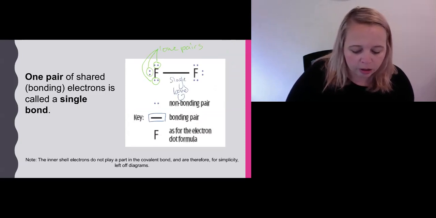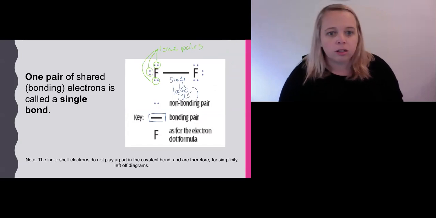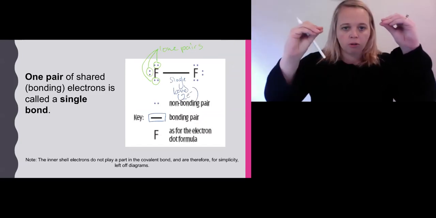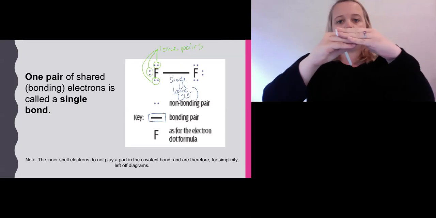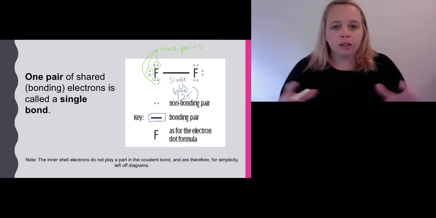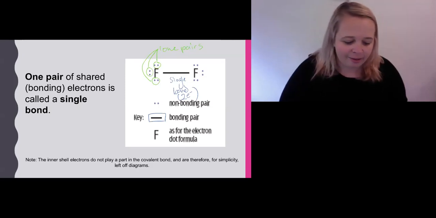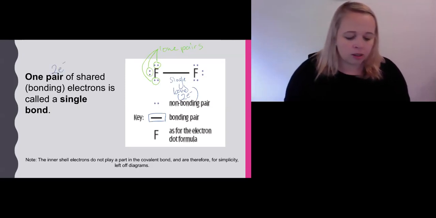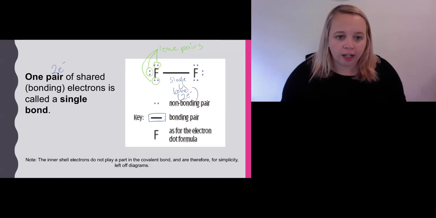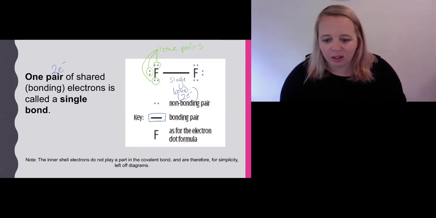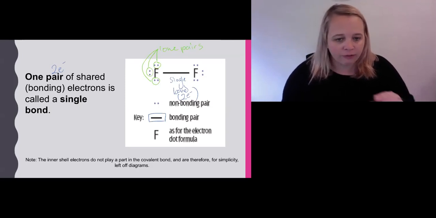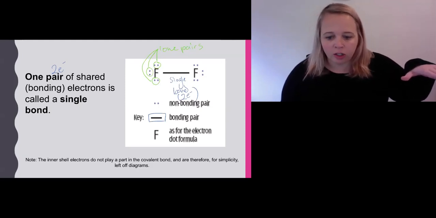What it actually is showing me is 2 electrons. 1 electron from this fluorine atom, 1 electron from this fluorine atom, and they're sharing both of them. So that's a bonding pair, 2 electrons. 1 pair of shared bonding electrons is called a single bond. That's that very last line on this page.